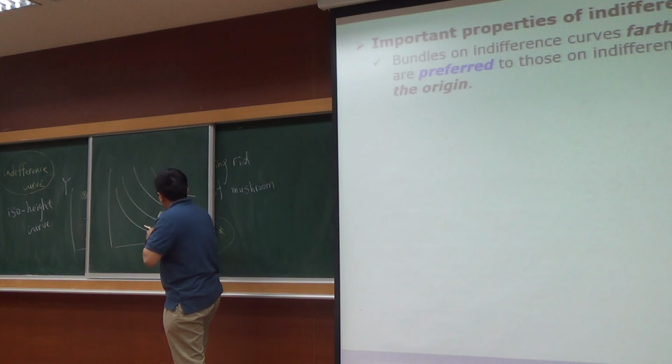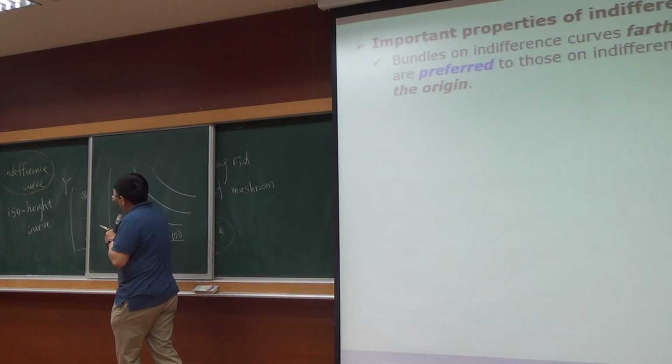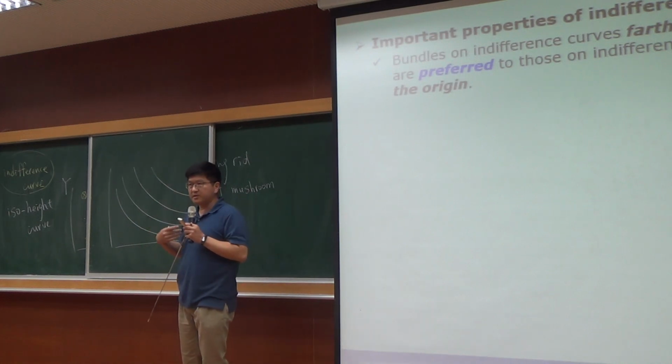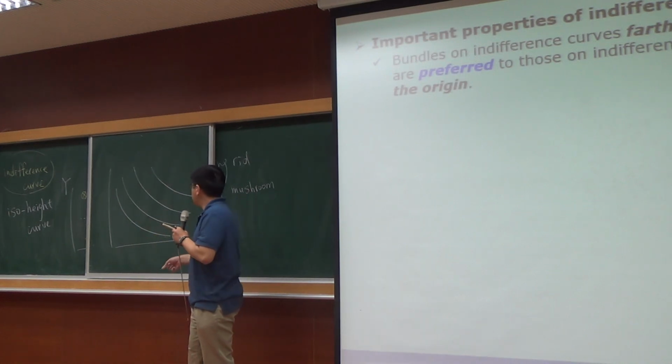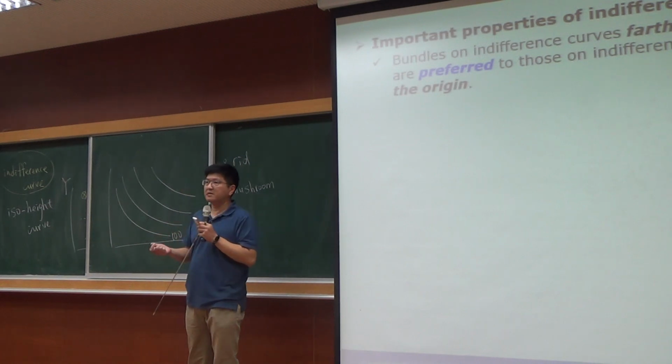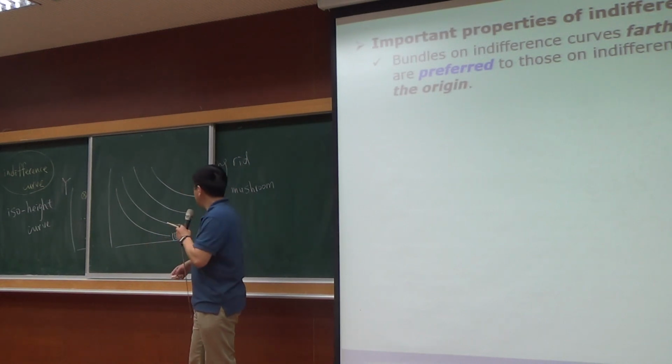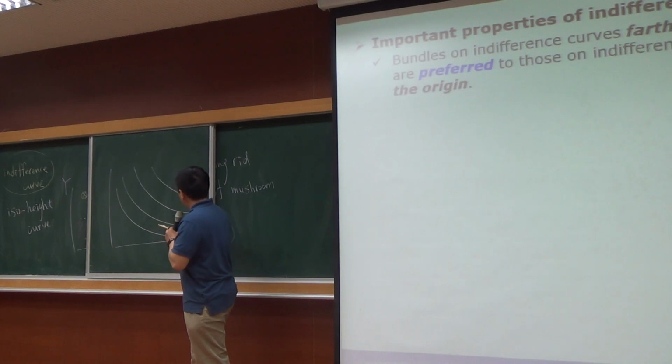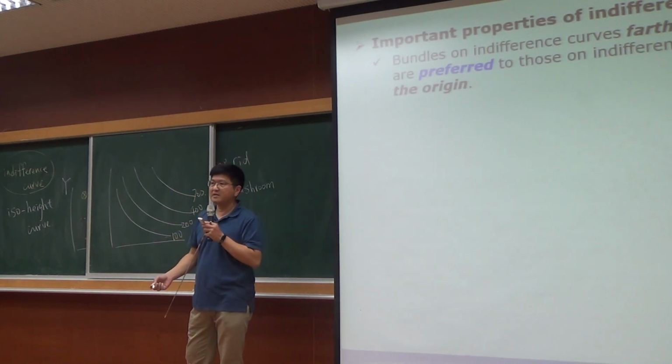So 100 means the points on this indifference curve bring me a level of happiness of 100 points. Okay? And 200, 400, 700, something like this.